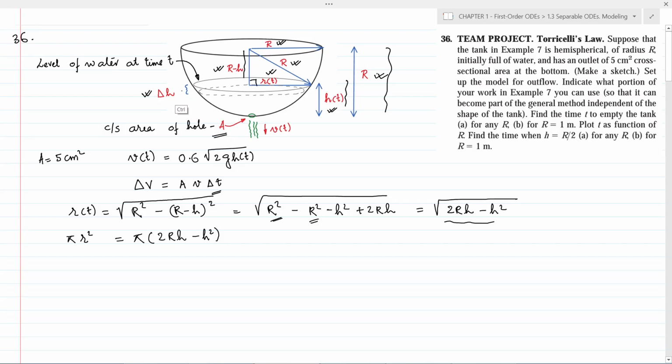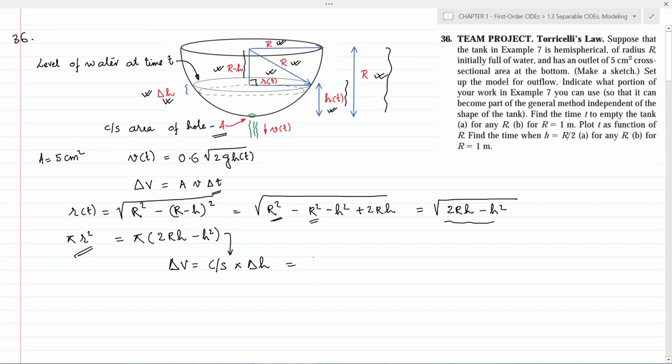Then the decrease in the volume of water, delta V, can be written as the cross section pi r squared multiplied by delta h, that is the height of water decreased in that time delta t. So, this is equal to the cross section multiplied by delta h, and this term is the cross section of the level of water at time t.